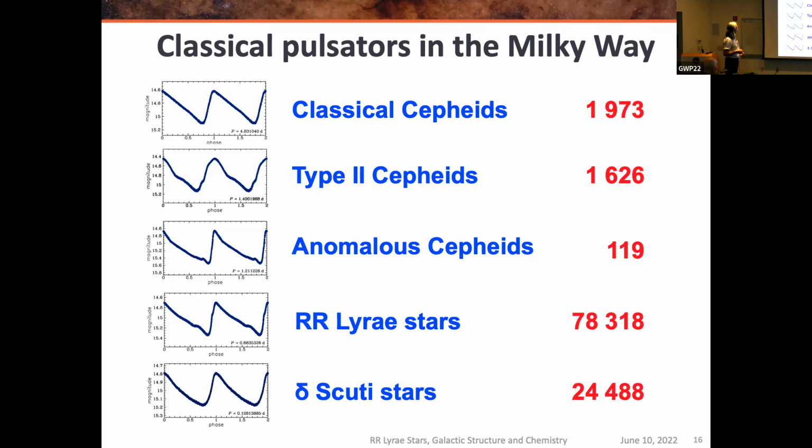We can easily distinguish between different types of classical pulsators. No, I'm joking. A few years ago, only several anomalous Cepheids were known in our galaxy, because it was a problem to distinguish between anomalous Cepheids and classical Cepheids, or anomalous Cepheids and RR Lyrae stars. But we found the solution to this problem.